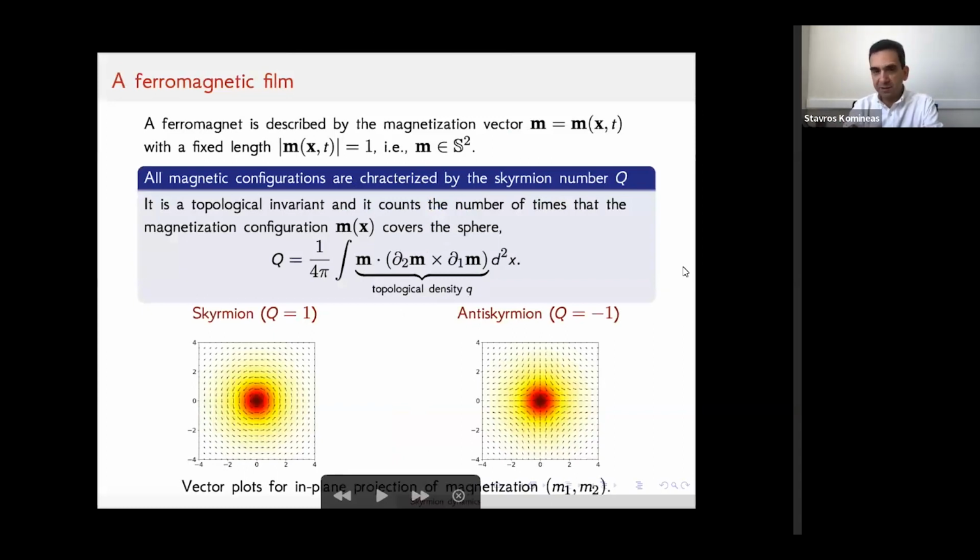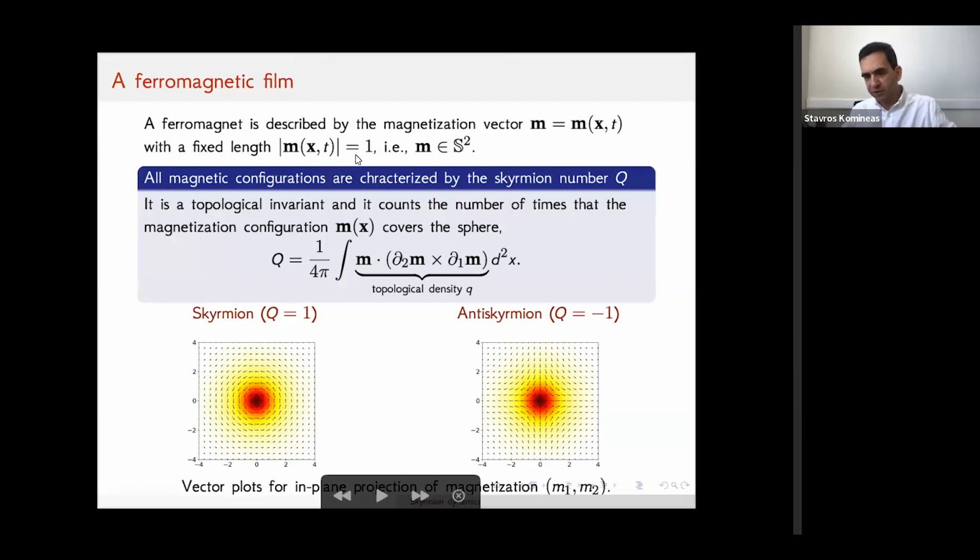I'll focus on ferromagnets. Ferromagnetic skyrmions are nowadays the most famous skyrmions. And let us talk about ferromagnets. A ferromagnet is described by the magnetization vector. Let's call it M. It's a vector function of space and time. And the special thing is that this magnetization vector is supposed to be of fixed length.